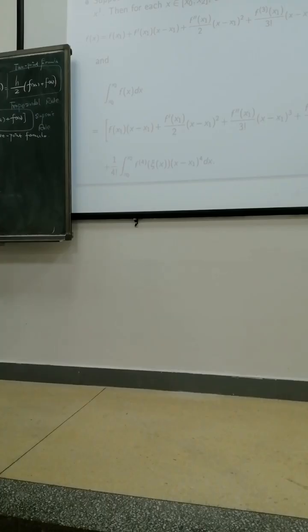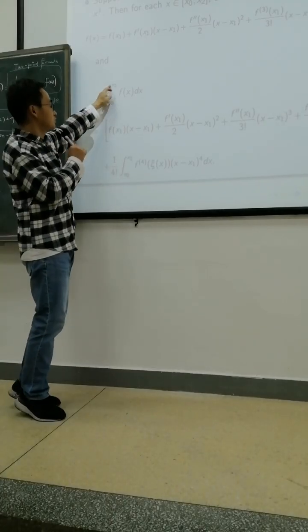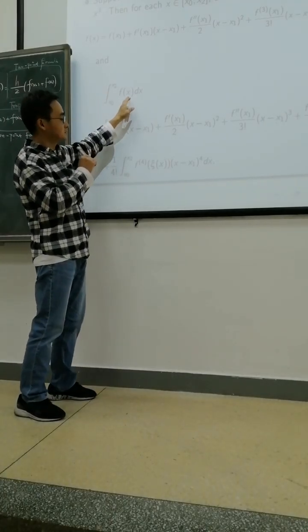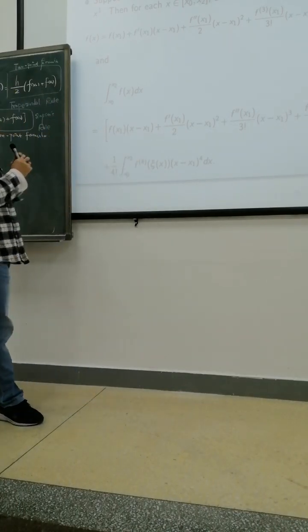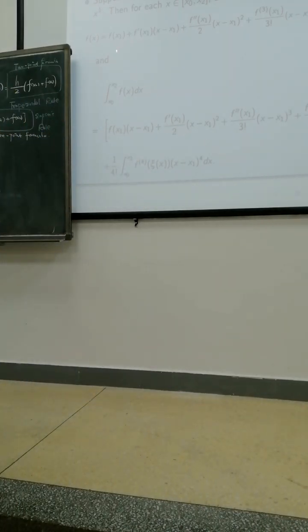Now, if we do integration from x0 to x2 of f of x, we may write like this formula, and here we put the f of x part inside and do integration. We may get these parts.